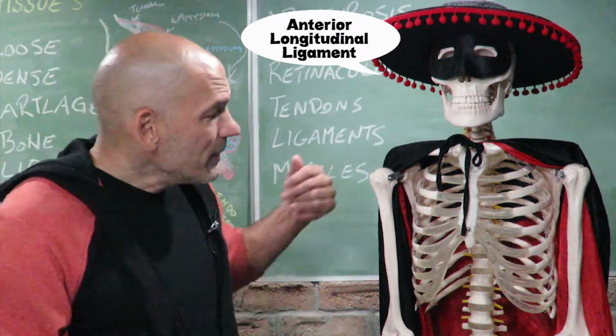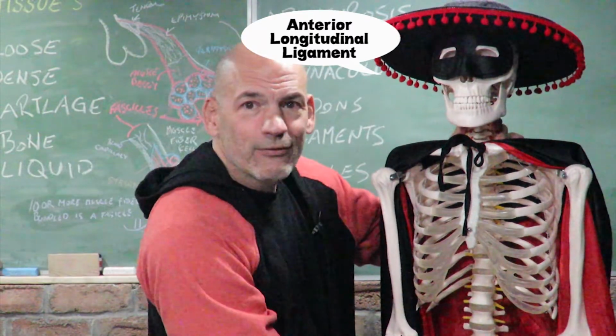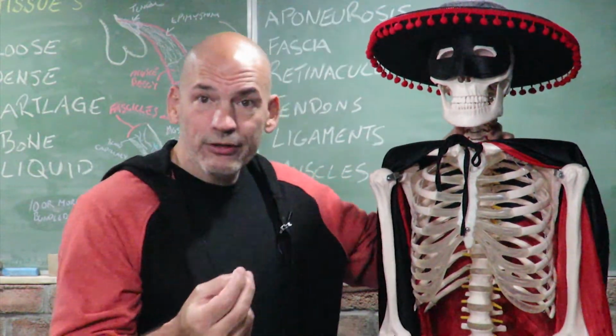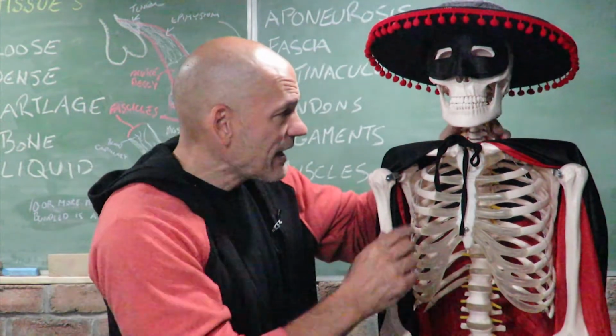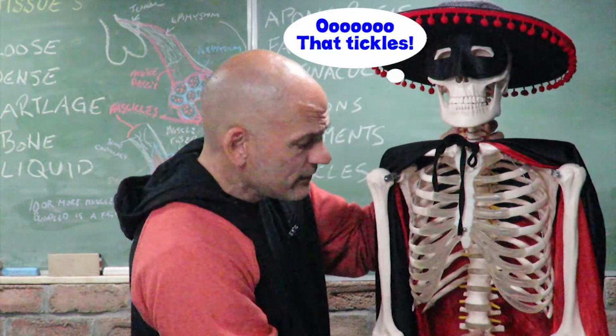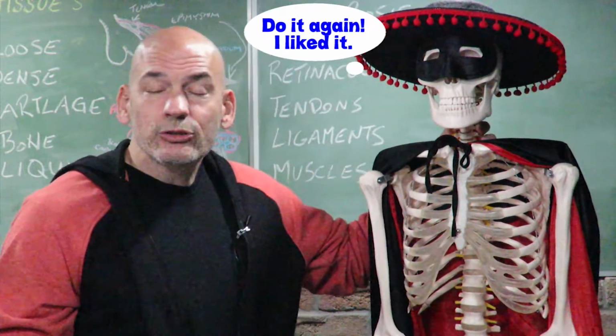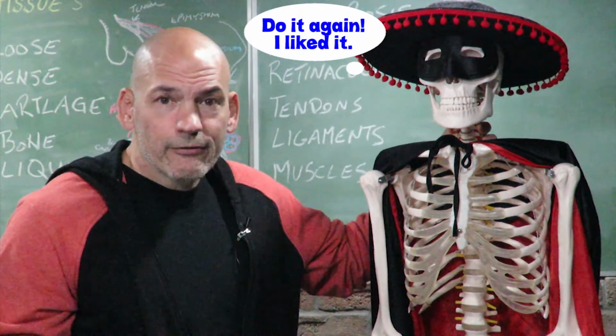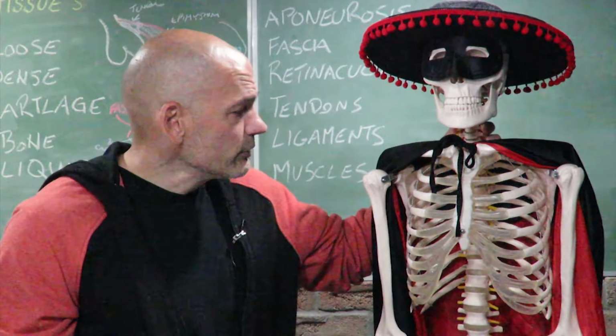ALL, meaning all vertebrae. In the front, anterior longitudinal ligament. That ligament goes all along the front of these vertebrae. And you also have one called the PLL for short, the posterior longitudinal ligament.